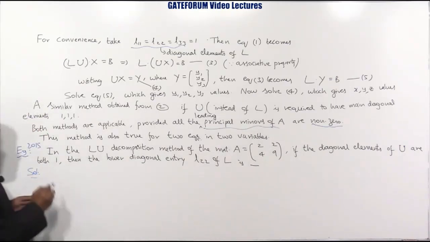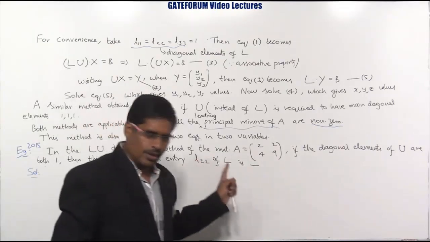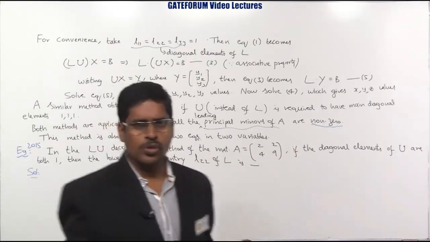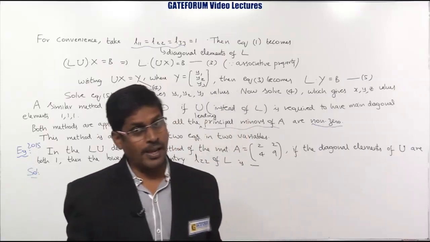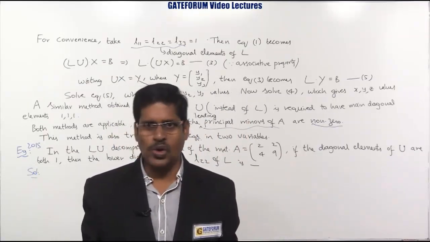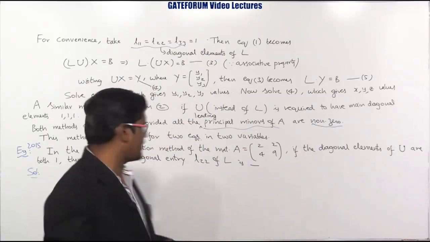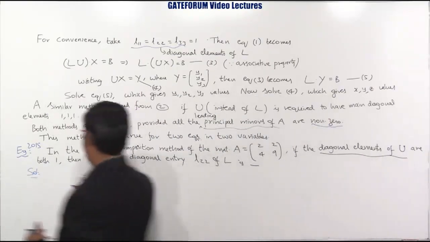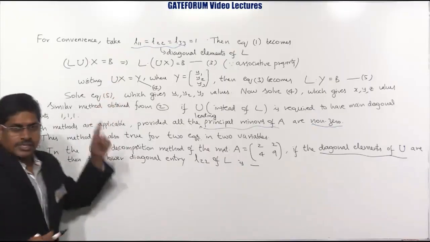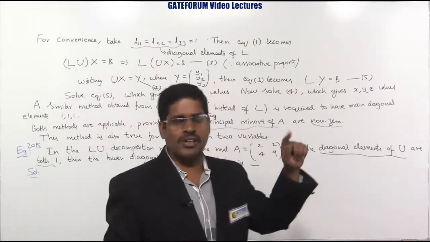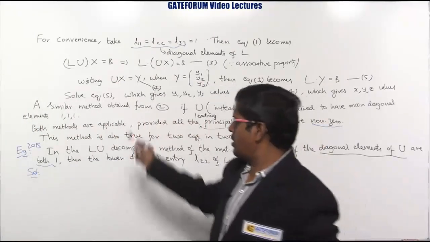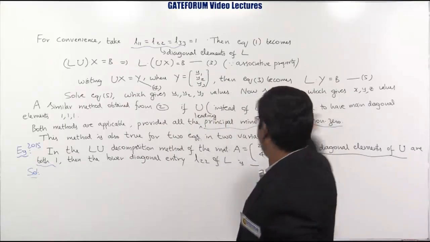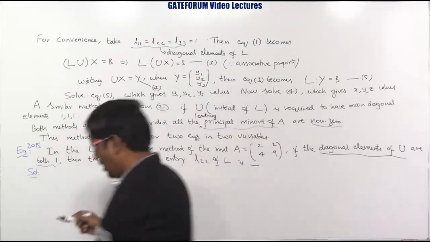So already it is a 2 by 2 matrix. They are asking one of the elements in the lower triangular matrix, lower diagonal. A 2 by 2 matrix having 2 diagonal elements. A11 is the upper diagonal element, A22 is the lower diagonal element. Element is also called entry. And they have given diagonal elements of U are 1. I told the procedure, diagonal elements of L, for convenience, take 1. A similar method can be obtained if you take, instead of L, that upper triangular matrix having the main diagonal elements 1. That is also true. Okay?